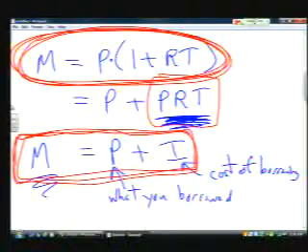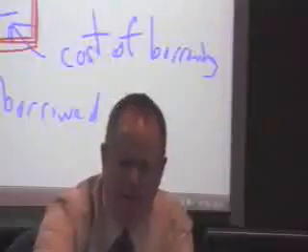And I don't know how to emphasize that more clearly, because if you understand the basic interest is equal to principal times rate times time. What is principal? That's the amount that you're going to borrow.